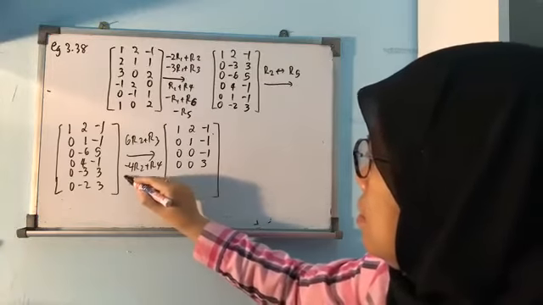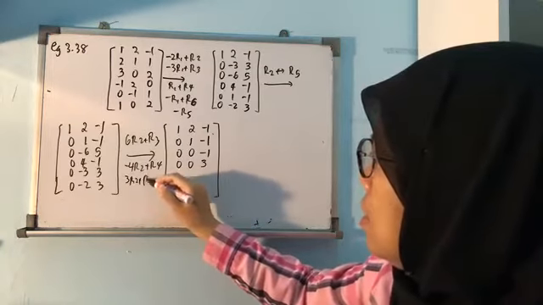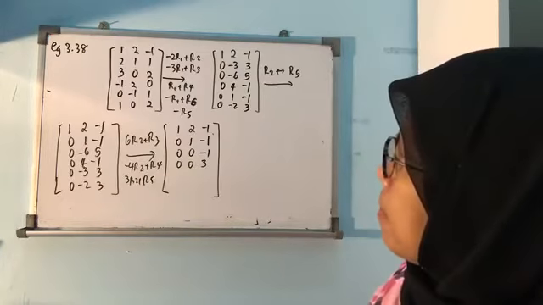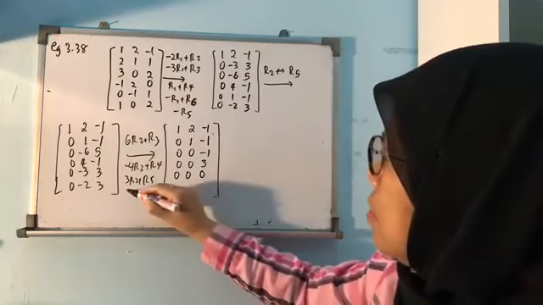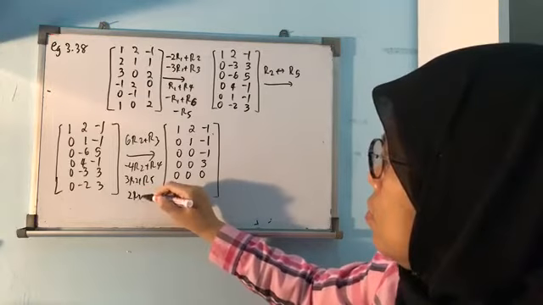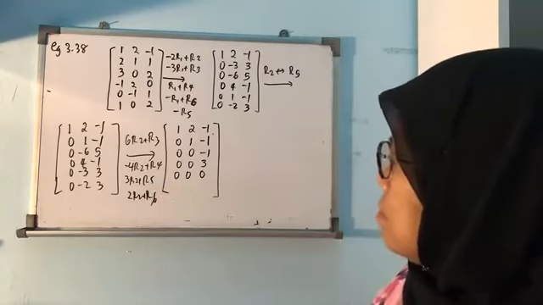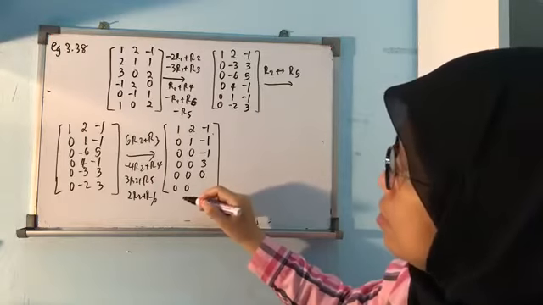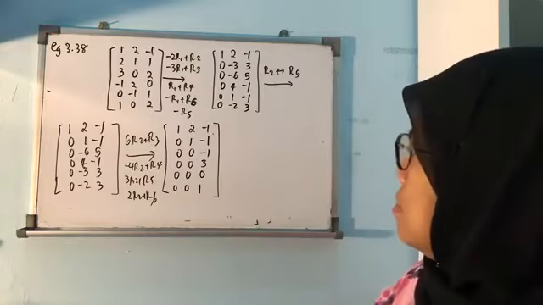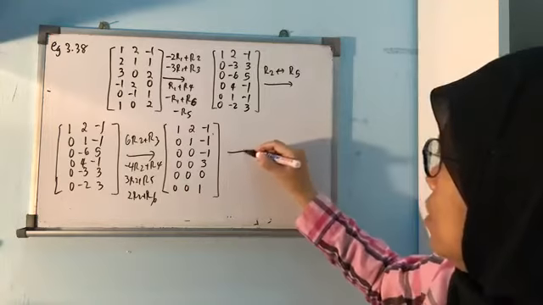And then 3 R2 plus R5. 0, 0, 0. And then 2 R2 plus R6. 0, 0, 1. Okay, and then last one, yeah?